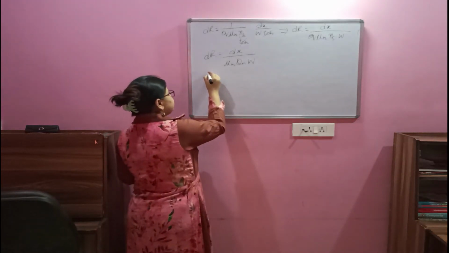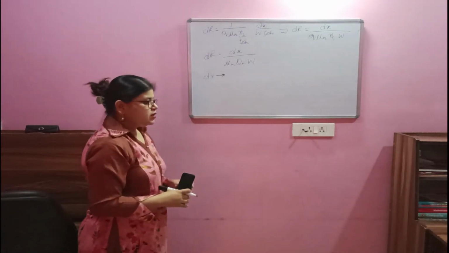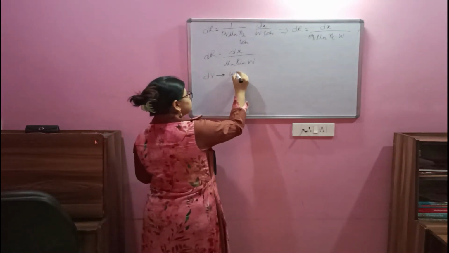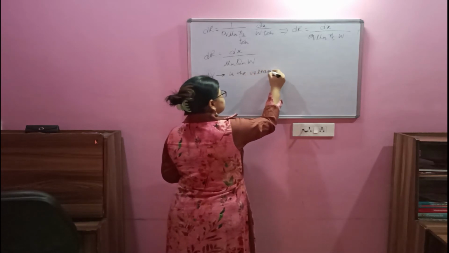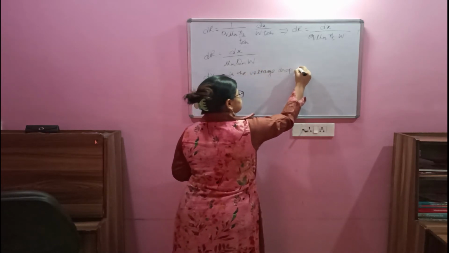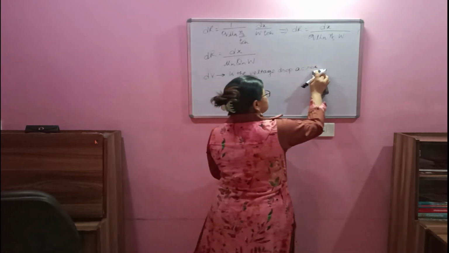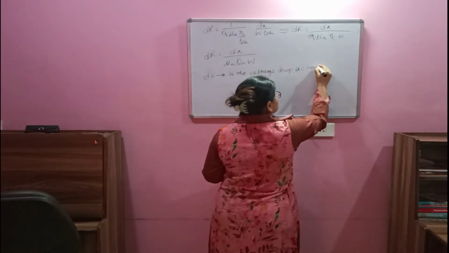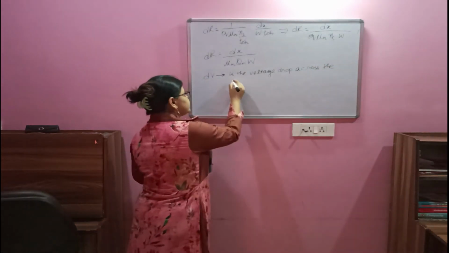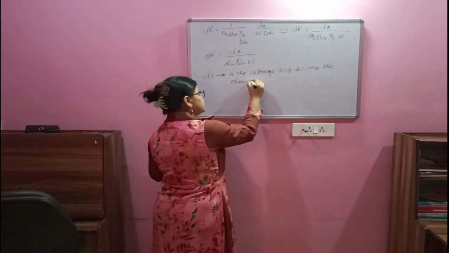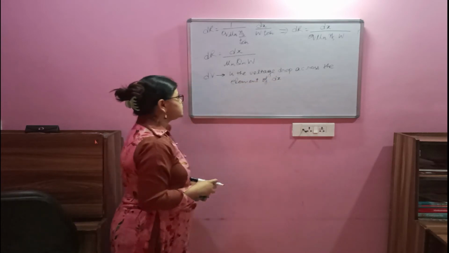Now I take one new term over here. I'll introduce one term dV. dV is the voltage drop across the element of dx, which we have taken from the entire channel.